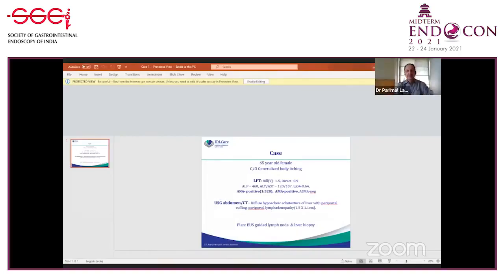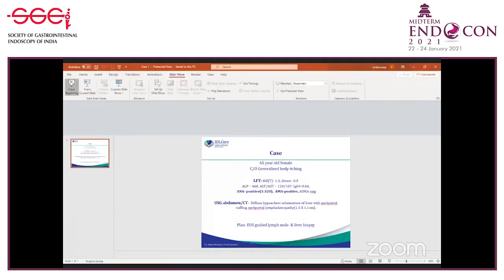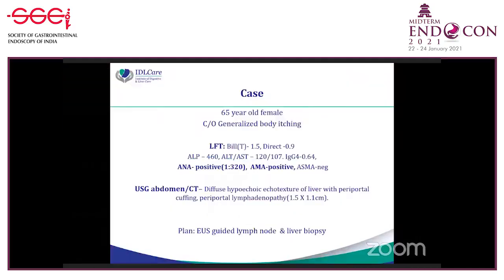So this is an elderly lady who was referred to me with complaints of generalized body itching with abnormal LFTs, and ANA and AMA are positive. CT is showing a diffusely hypoechoic liver, and there is a lymph node in the periportal area.